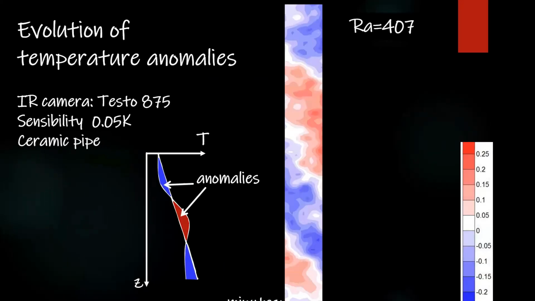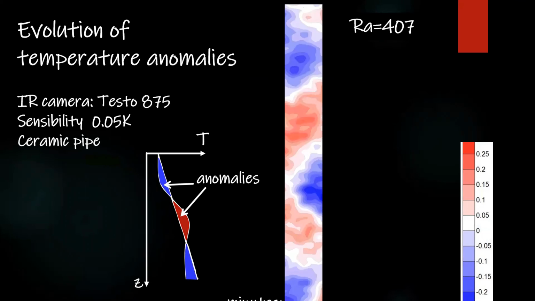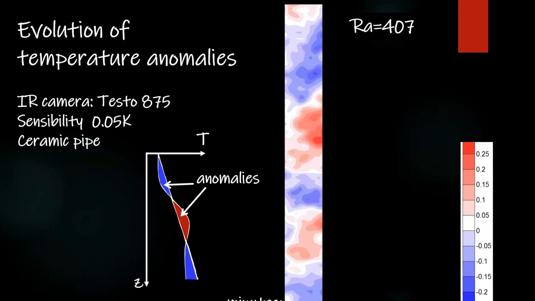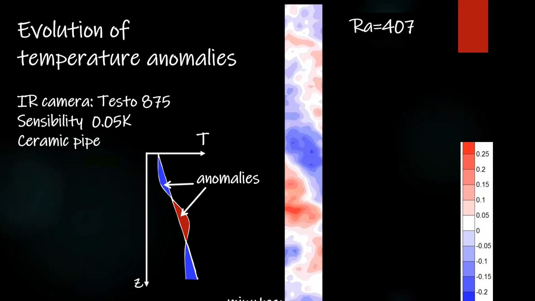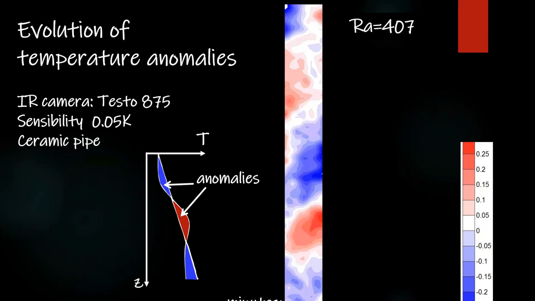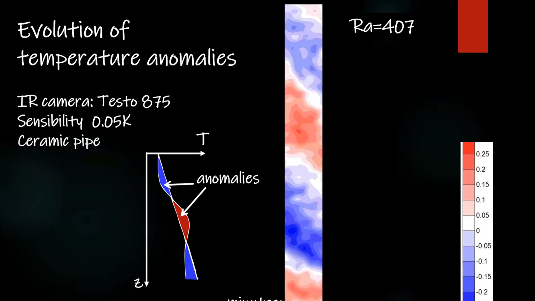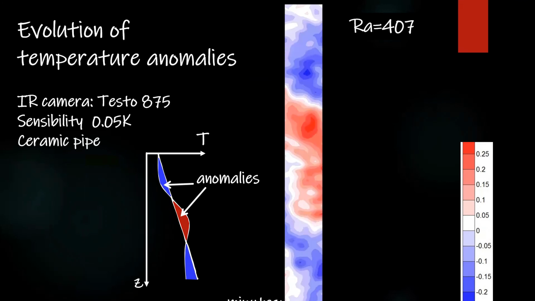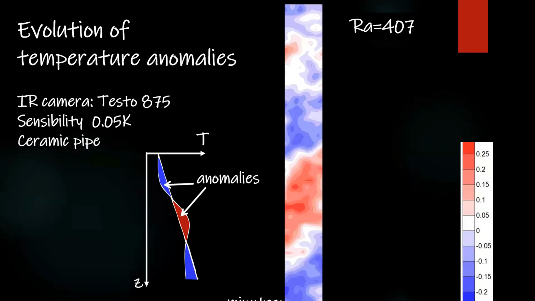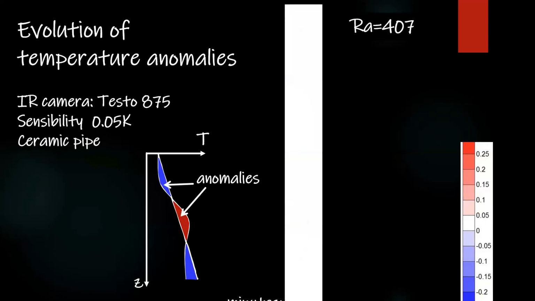Here we see changes in the pattern of temperature anomalies at a constant temperature gradient and a Rayleigh number which slightly exceeds the critical value. Anomalies are calculated as deviations from the linear temperature distribution corresponding to the unperturbed gradient.